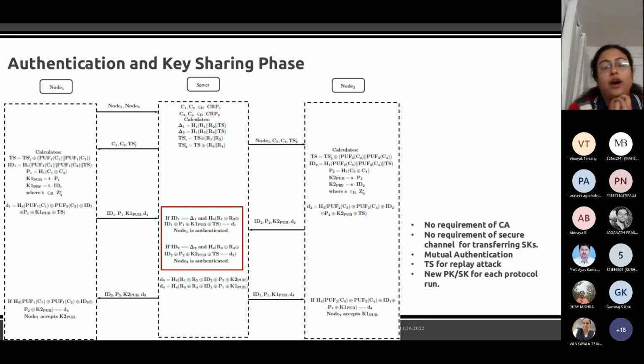Okay, so the takeaway from this particular part is that there is no requirement for the certificate authority. Two parties can anytime create these public private keys and generate and validate them using the server. So yes, one thing is that the server always has to be present to validate the public private key pair.